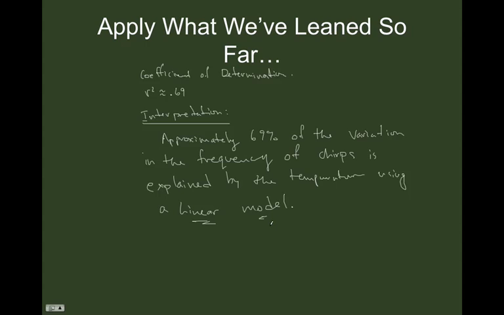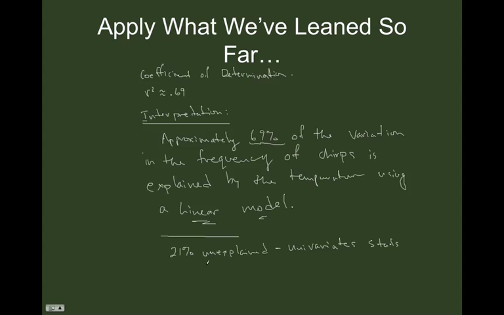Now, I want to say a couple other words here about r squared. r squared is telling us that 69% of the variation in the frequency of chirps is attributable to temperature. But notice that leaves 21% unexplained. Now, we're doing univariate stats, so we won't consider the multivariate situation.